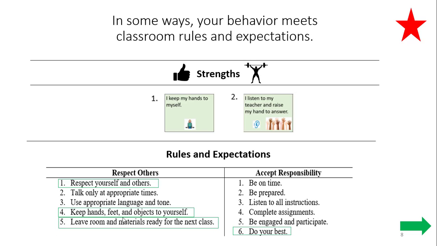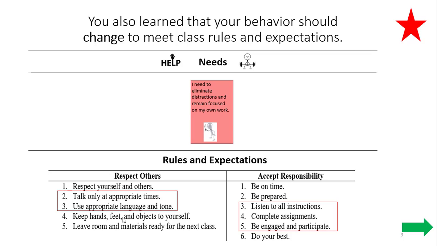It's important to know that in some ways your behavior does meet the classroom rules and expectations. In terms of your strengths of keeping your hands to yourself, listening, raising hand to answer, we know that you are respecting yourself and others, keeping your hands and feet and objects to yourself, leaving the room and materials ready for the next class, and always doing your best. Great job. You also learned that your behavior should change to meet the classroom rules and expectations.